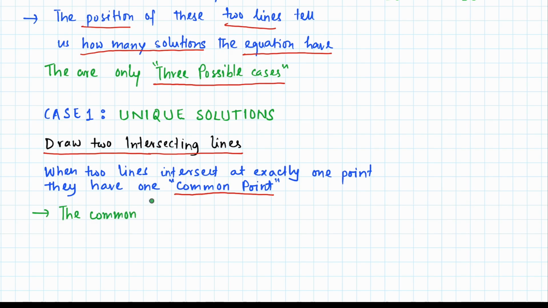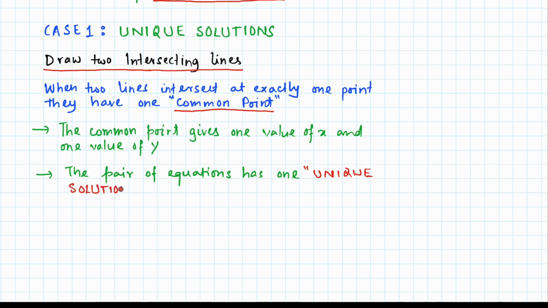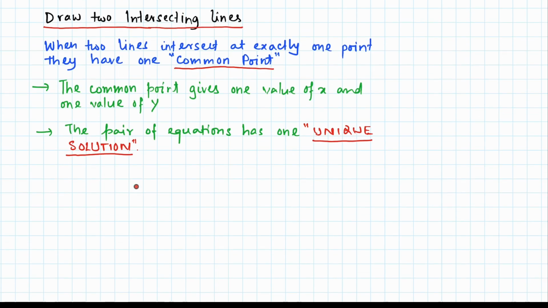This common point gives one value of x and one value of y, and the pair of equations has one unique solution. Since it gives one value of x and one value of y, there will be no second solution. That is the nature.